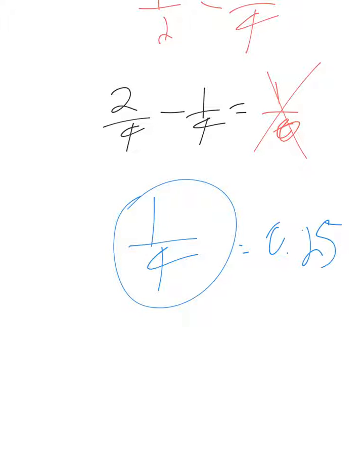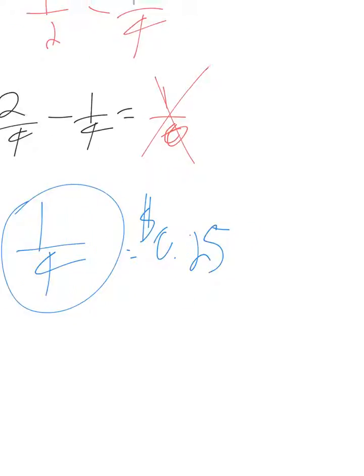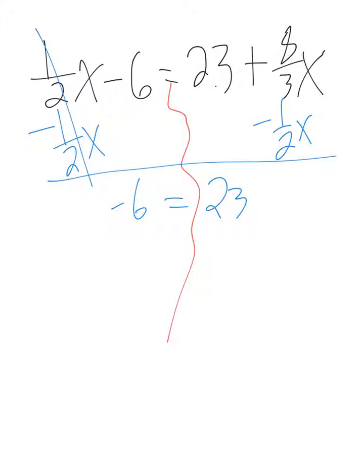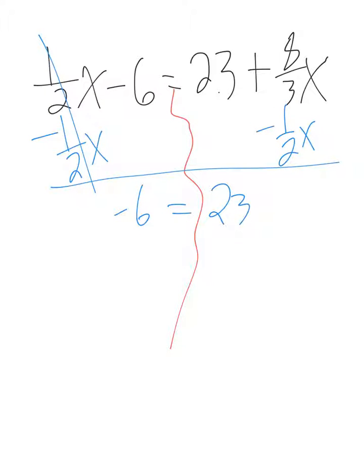Okay, so that's a very long explanation as to how and why we subtract fractions the way we do. So back to this. This was 13/6x. Okay, and so this -6 is all by itself, and that 23 needs to go.